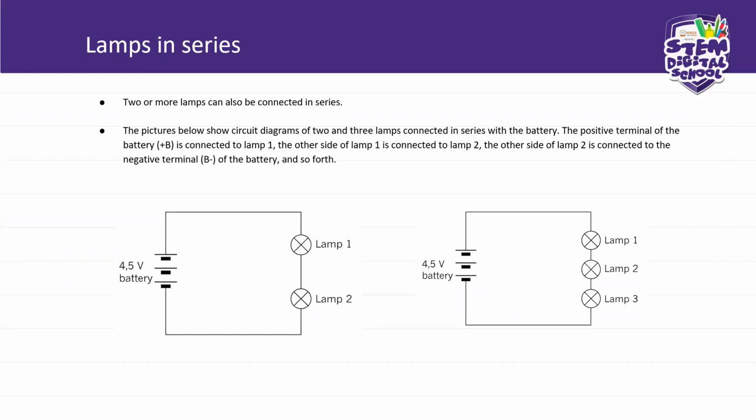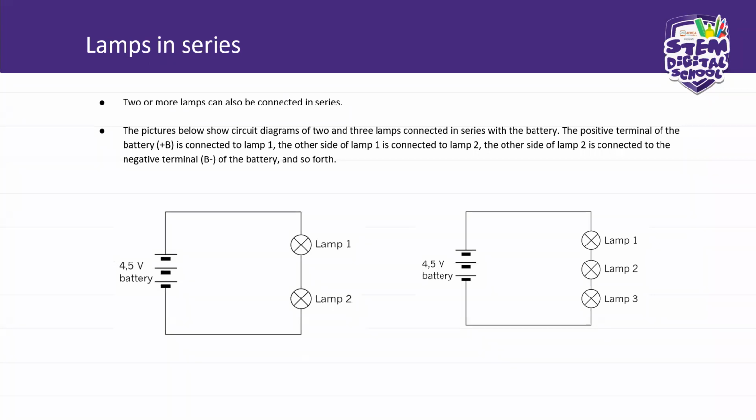The positive terminal of the battery, the positive, the plus, is connected to lamp 1. Okay, so it's this part. The other side of lamp 1 is connected to lamp 2.